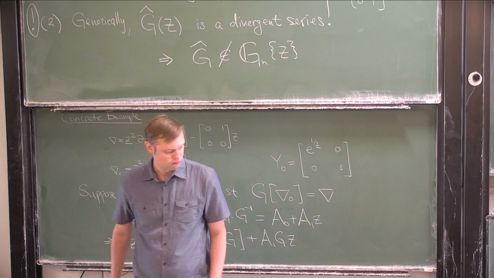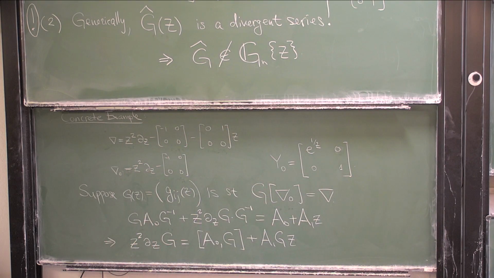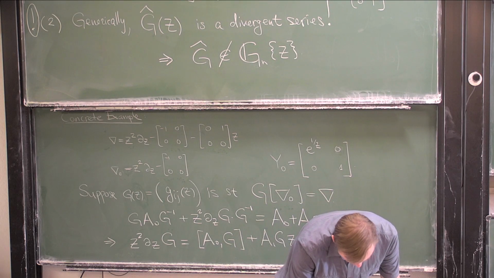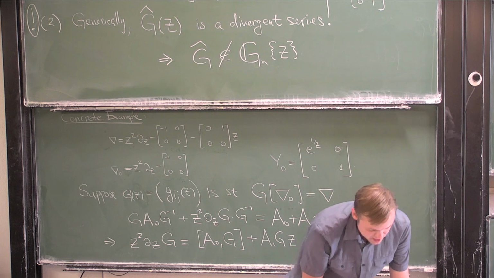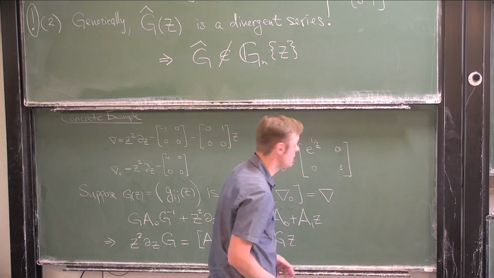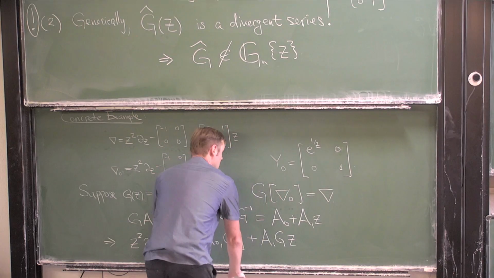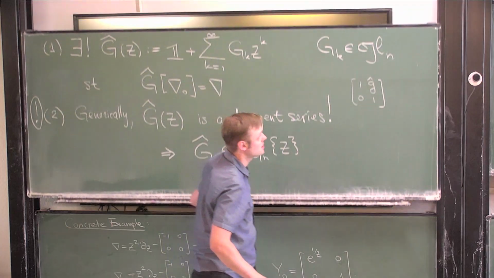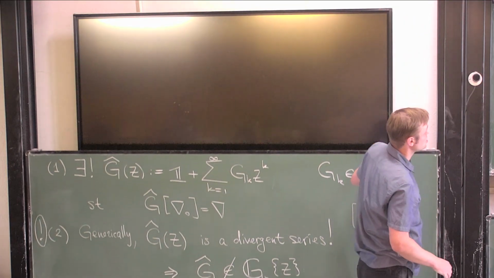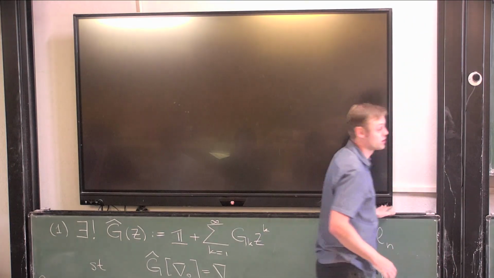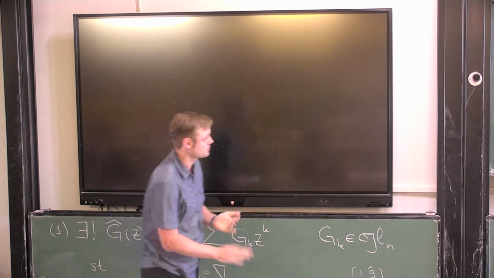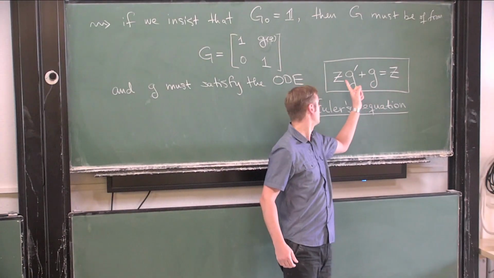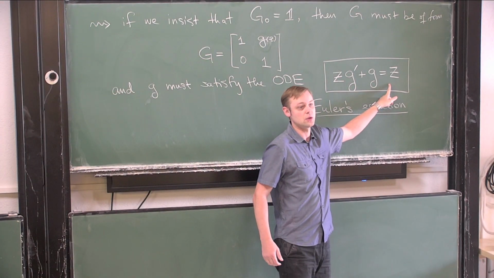So I want to now show you some slides. So basically what we've done is we've boiled down our problem. If we are intent on finding a gauge transformation G which puts nabla in a standard form, we must therefore find a holomorphic solution of this equation.